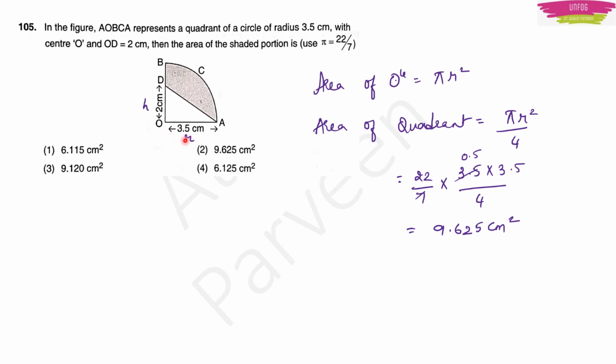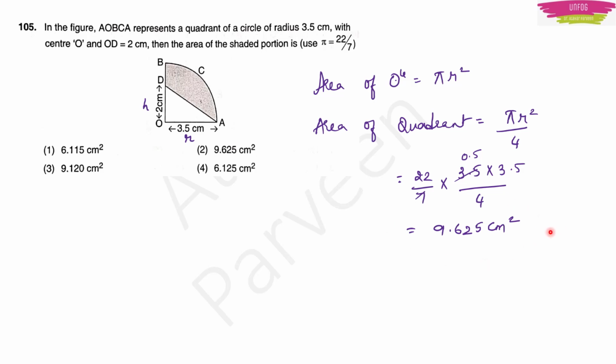So r will be 3.5. Substitute and you can find some rough value. No need of accuracy. Actually I cannot say that also, because if I see the options, two options are very near. In this type of problems where options are very near, better go for accuracy. So I cannot neglect accuracy in this type of problem.